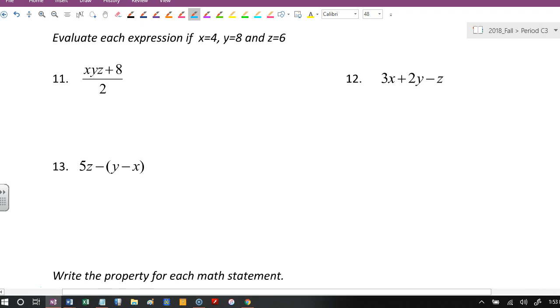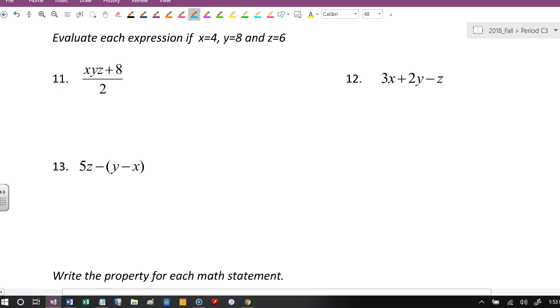Now we're going to substitute, so I want you to read me with parentheses when we substitute the numbers. Go ahead, French fries. If x equals 4, y equals 8, and z equals 6, the problem is xyz plus 8 divided by 2. We would set this up as 4 times 8 times 6.